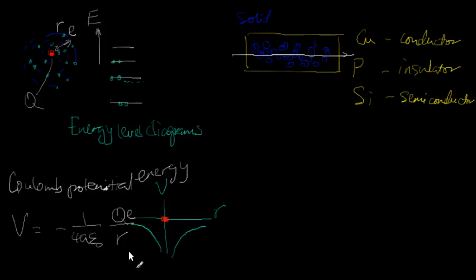So this would be what the potential energy of an electron looks like around the nucleus of each atom. That is around each one of these, right? Around each of the atoms in a solid, you will find the nucleus producing a potential energy like that for the electrons around it.